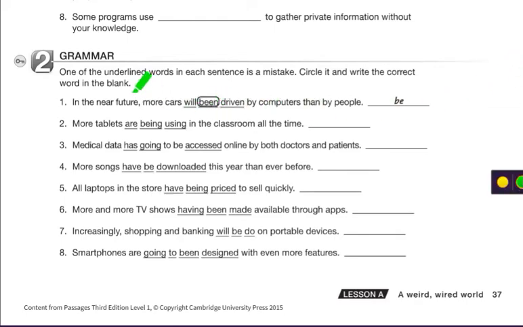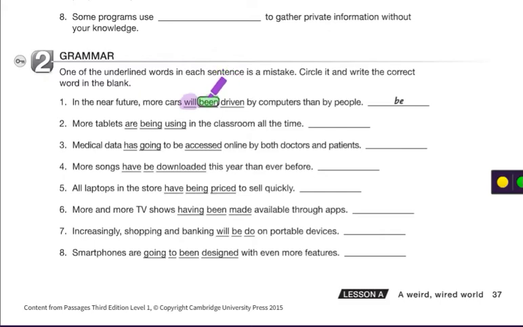Okay, so we have here: in the future more cars will be driven. So remember that we are working with the passive voice, alright? But there are rules that we need to take into consideration. This is a simple rule. After modal verbs such as will, may, can, etc., we have to put the verb that follows in the base form.